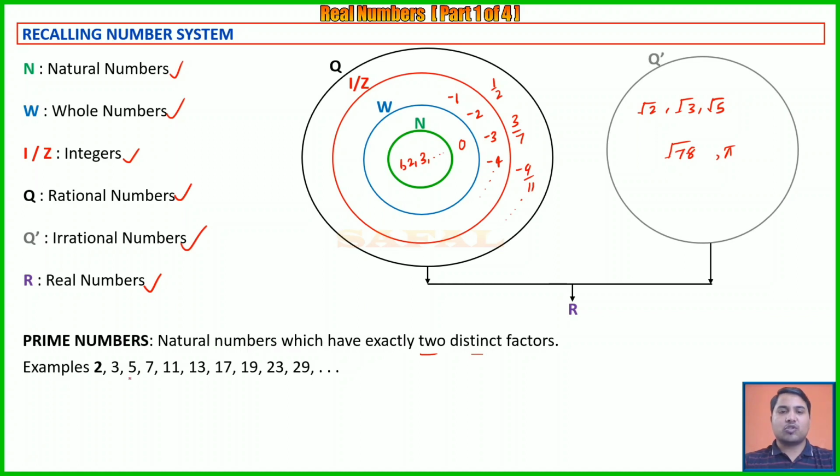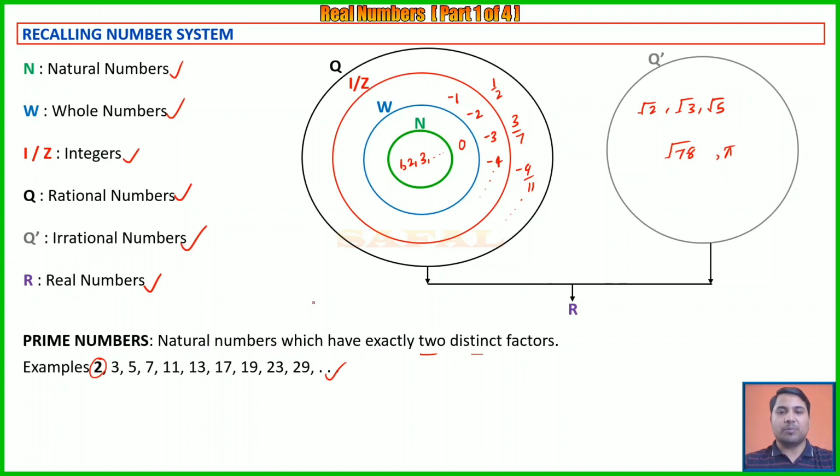The numbers like 2, 3, 5, 7, 11, 13, these all are what? Prime numbers. Now you can see that I have highlighted 2 in bold. You need to keep in mind that 2 is the only even prime number. The rest of the prime numbers, they are what? Odd. So natural numbers which have exactly two factors, and the two factors should be distinct, are called what?